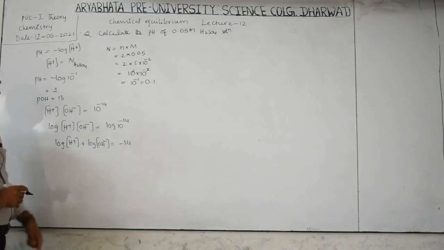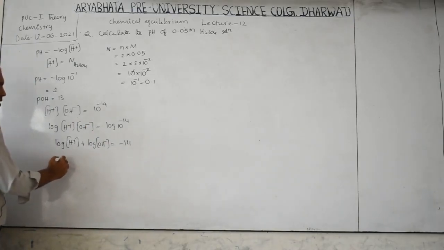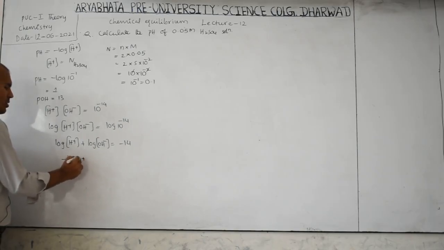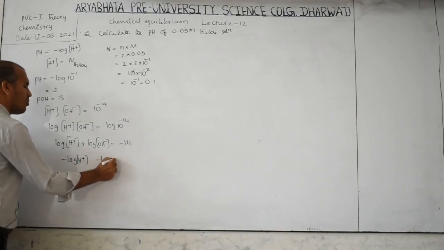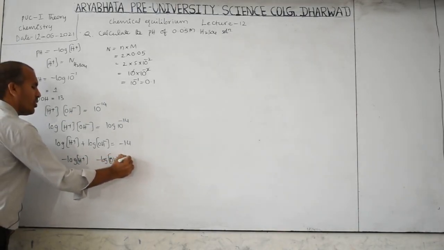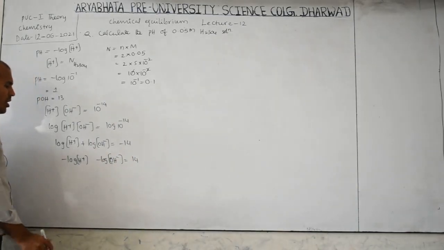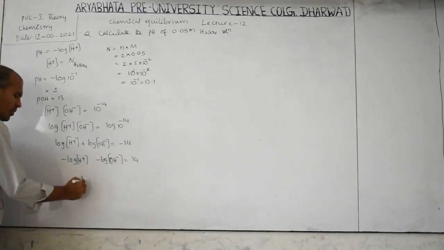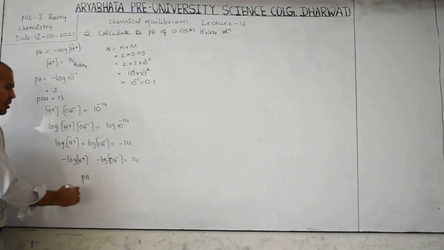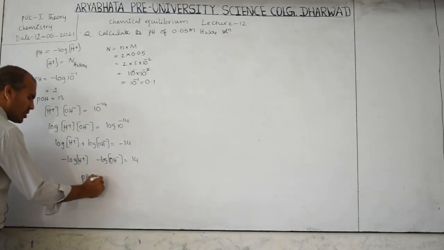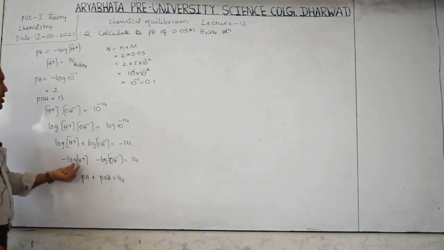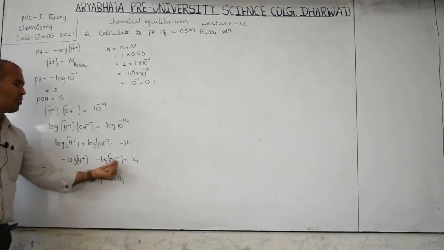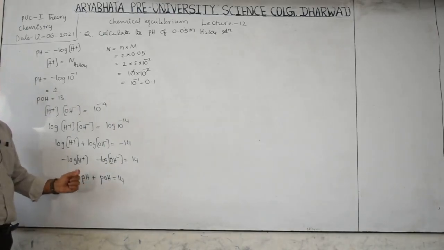Now multiply with the negative sign: negative logarithm of H plus concentration, negative logarithm of OH minus concentration, negative into negative is positive. Now this is pH plus pOH is equal to 14. pH is equal to 1, send to the right side: 14 minus 1, 13.